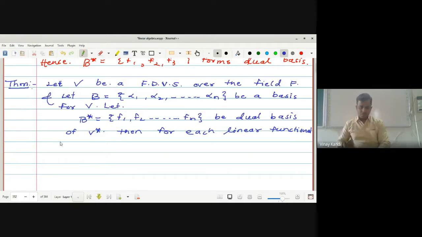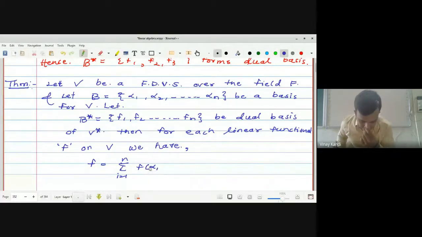Each linear functional small f on capital V we have, and we have to prove that f is equal to summation i running from 1 to n f of alpha i into fi.